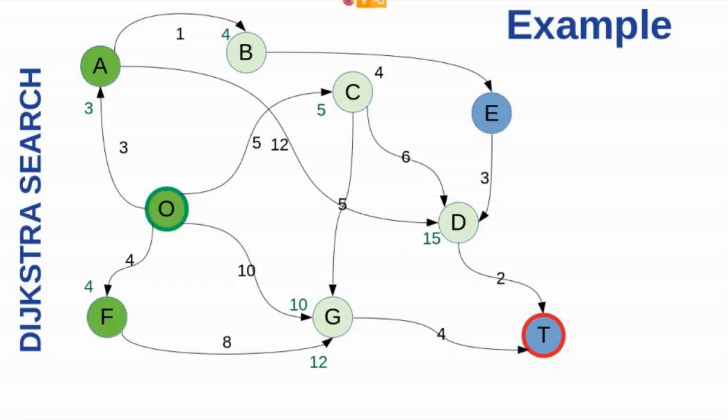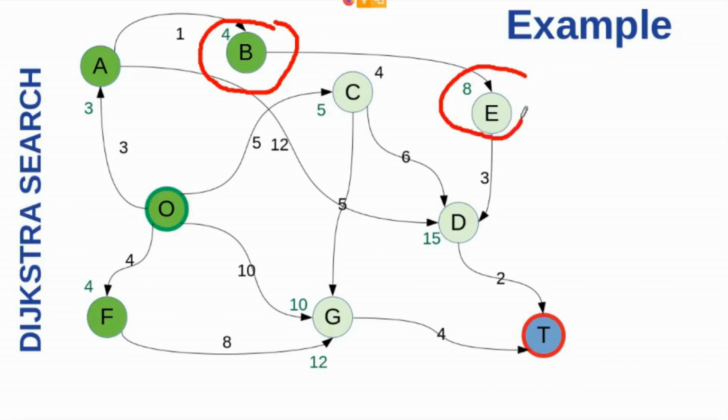Well, so we consider F, and because we consider F, this new route OFG appears with a total cost of 12, right? So according to all of this, we have this possibility because it's the minimum value, right? Then, considering the previously unvisited nodes that are neighbors to these visited nodes, it appears this 8 associated to E, right?